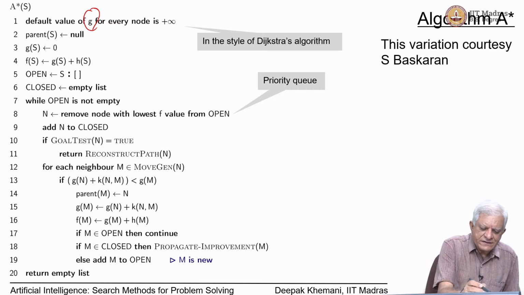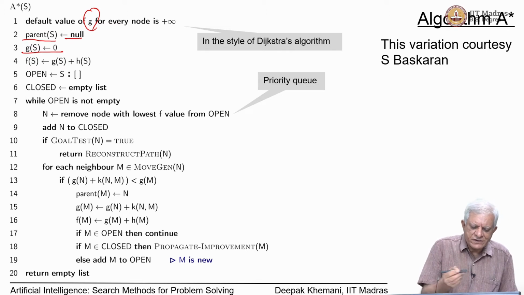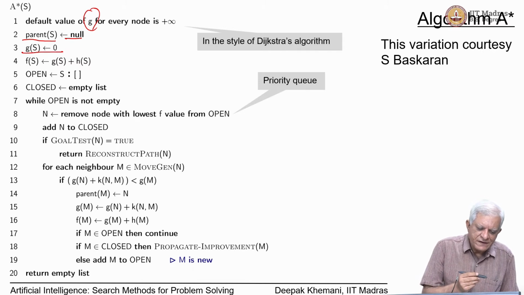When we initialize this, we can see that the parent of the start node is null. We compute the g value of the start node as 0, because the g value is the cost from the start node to that node, and that node itself is s. Then we compute the f value, which is g of s plus h of s.